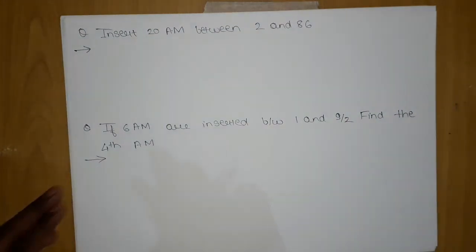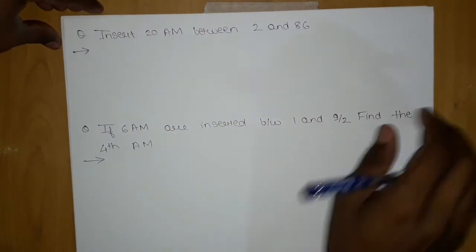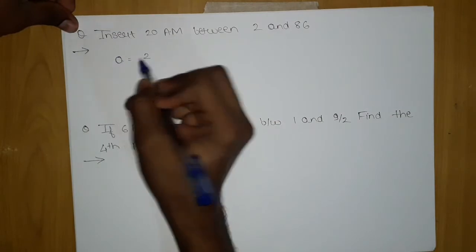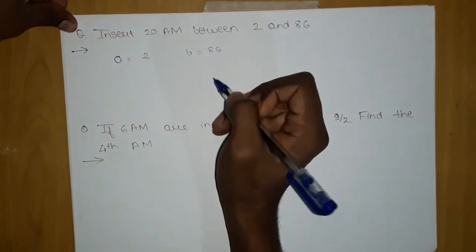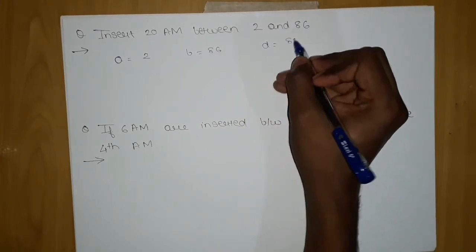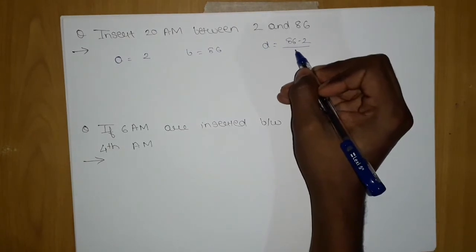The next question. These are very general questions which are asked in books, to increase the confidence. The next question says insert 20 AMs between 2 and 86. So our A is 2, B is 86, and D is B minus A upon n+1.